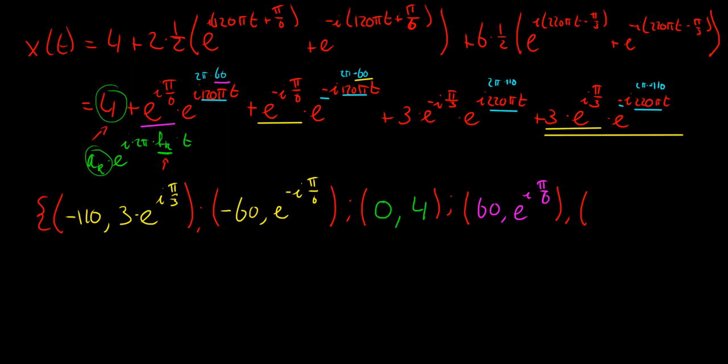frequency spectrum representation. Our highest one is 110, and this is our complex amplitude. 110 with a complex amplitude of 3 e to the power minus I pi over 3.